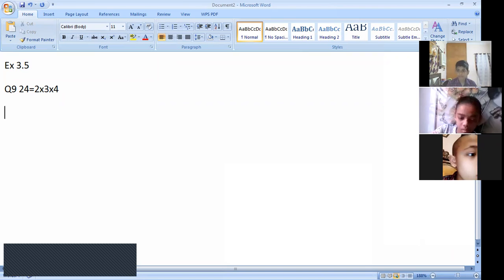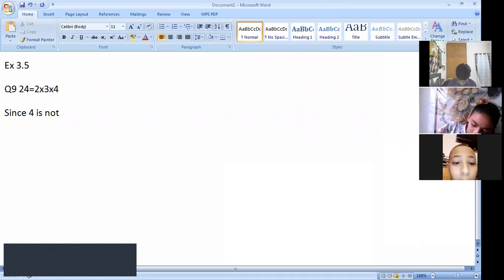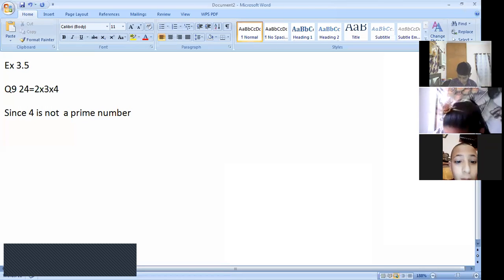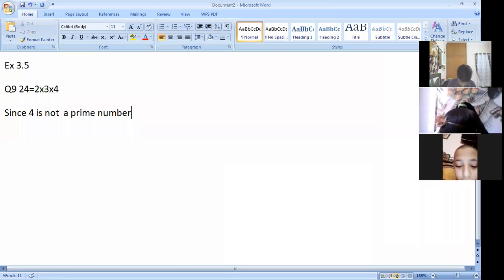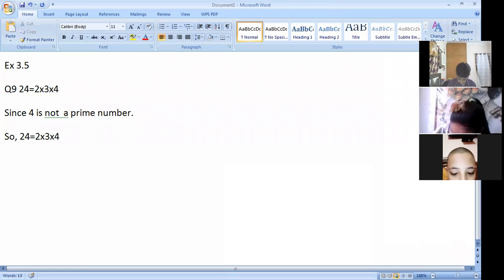So that's why we can say that since 4 is not a prime number, 24 equal to 2 multiply 3 multiply 4 is not a prime factorization.